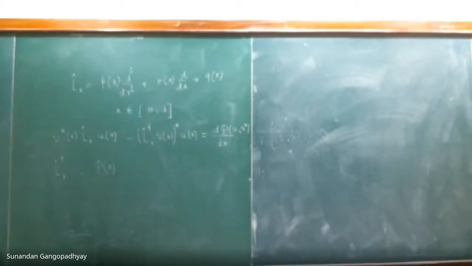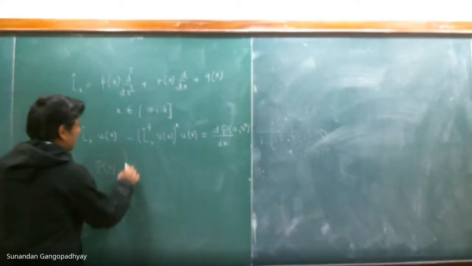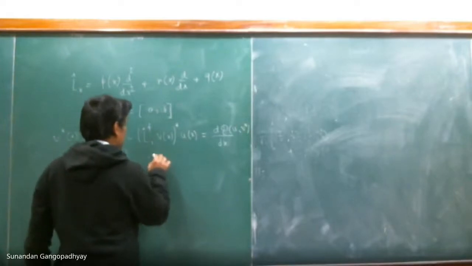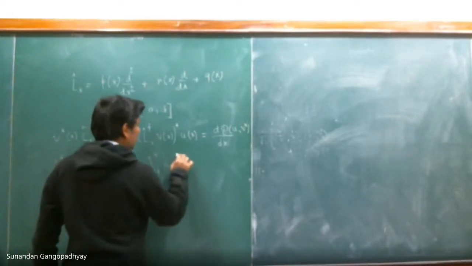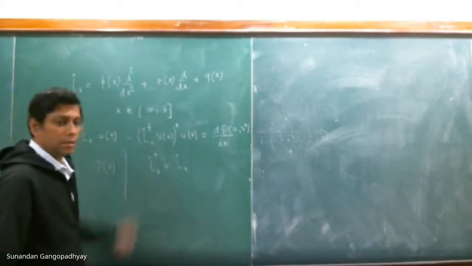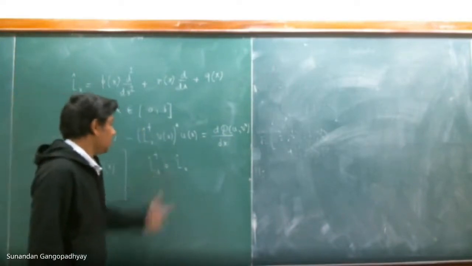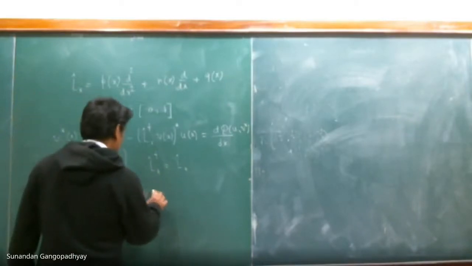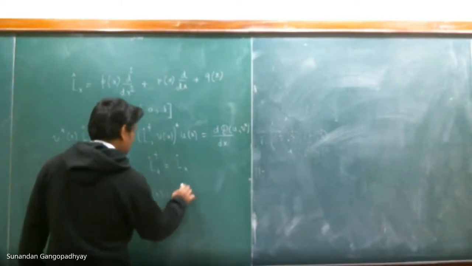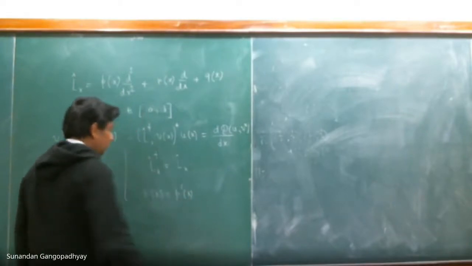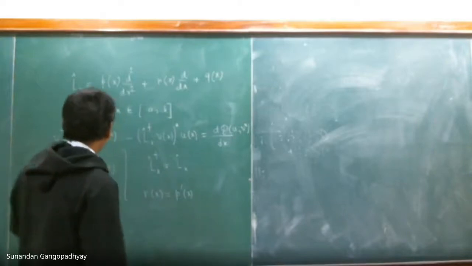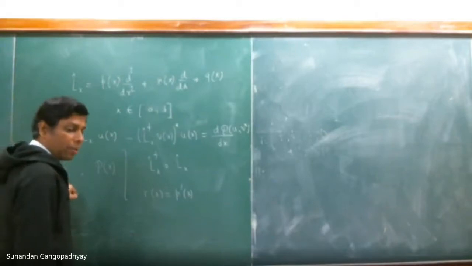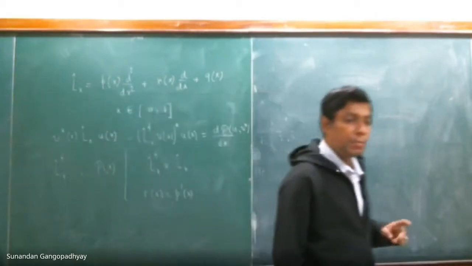Then we said let this operator L hat x be a symmetric operator. So it obeys this condition, and from this condition what we obtained was the following. We found that r(x) must be equal to p prime(x). If you carefully note the form of the adjoint operator, you will find a p prime term and a p double prime term appearing.